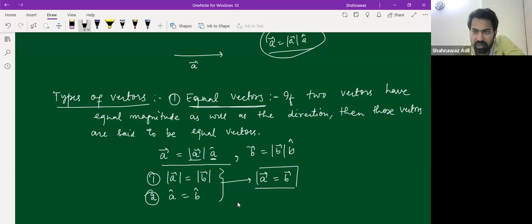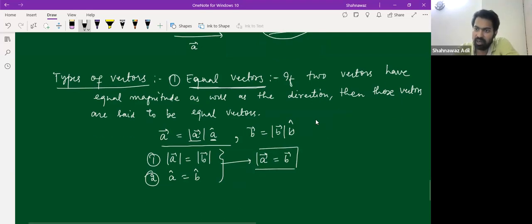So let's say that I have drawn two vectors. So this is one vector, and this is the other vector.